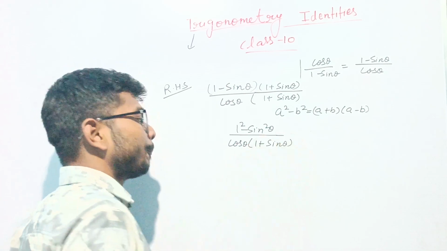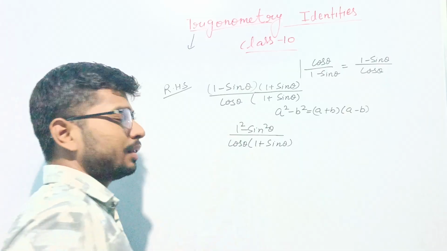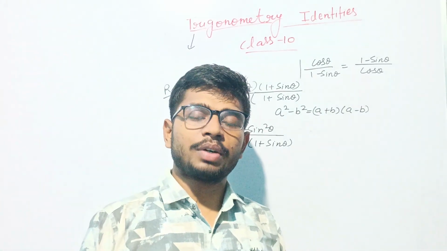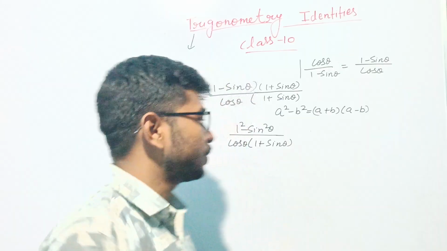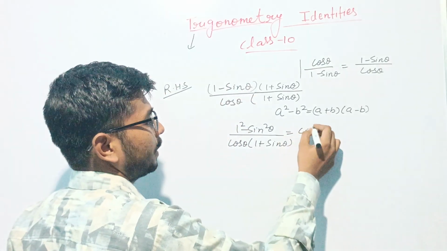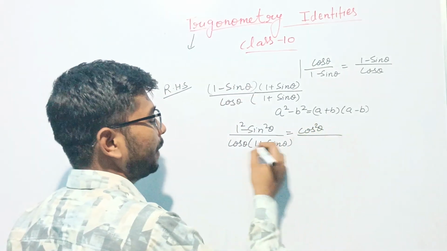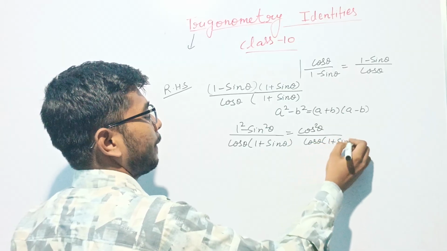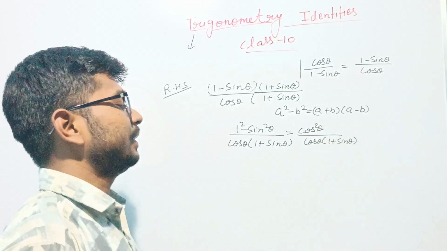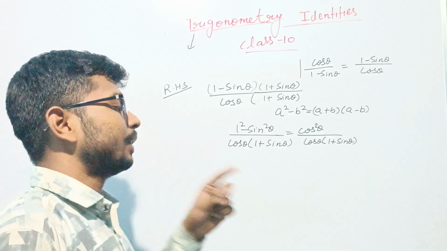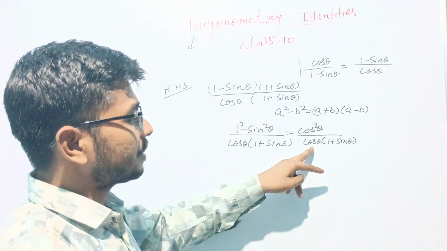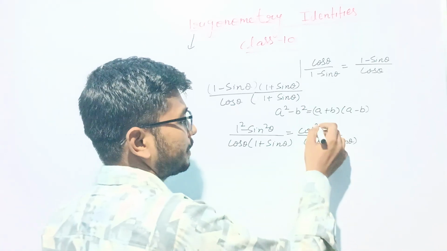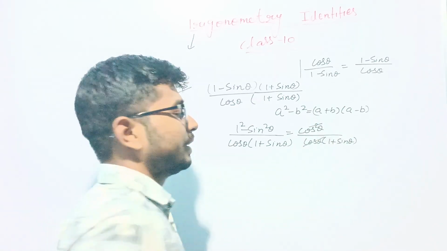Now 1 squared is 1, so 1 minus sin squared theta is cos squared theta, and in the denominator write as it is, cos theta into 1 plus sin theta. You can see clearly, we can cancel this cos theta with its power, so there is a square and we can cancel this.